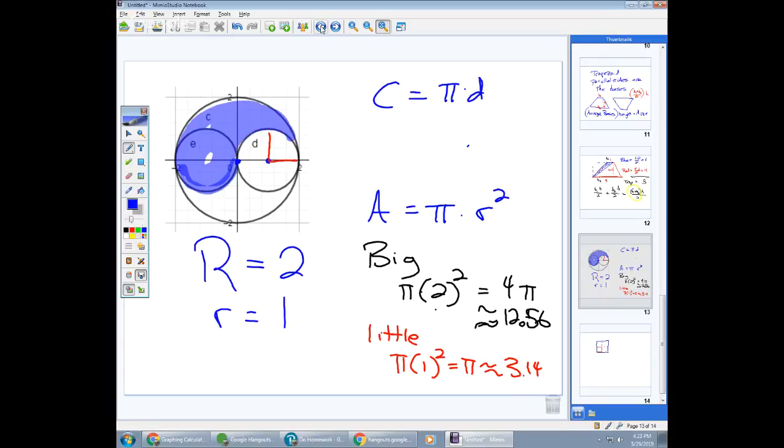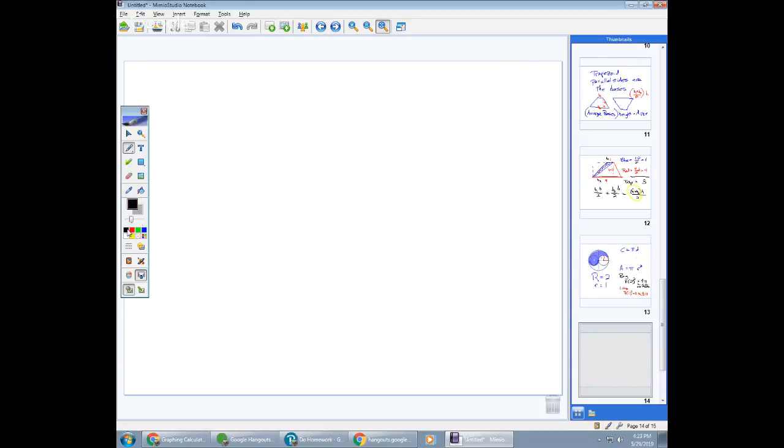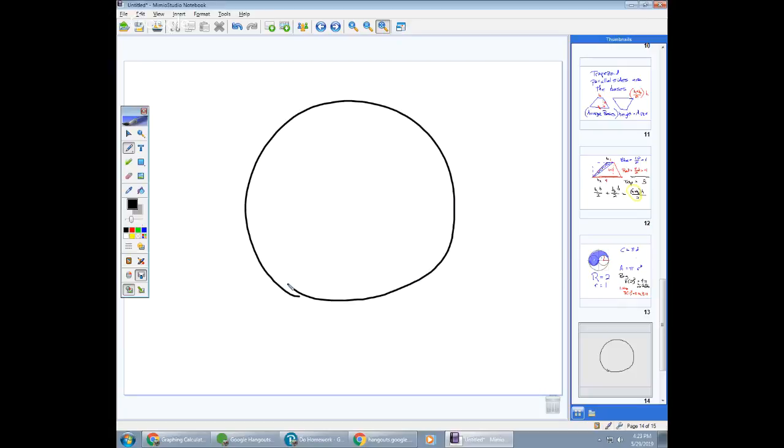Copy that picture down on paper to the best of your artistic ability. Circle, center, semicircle. Here's yin. I'm going to do the highlighter.